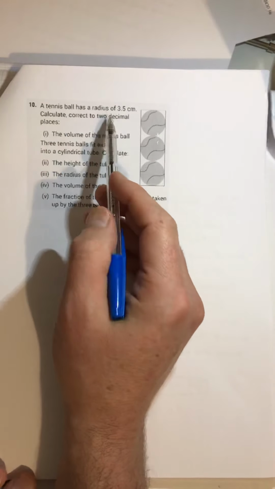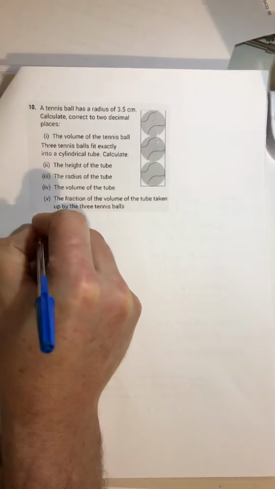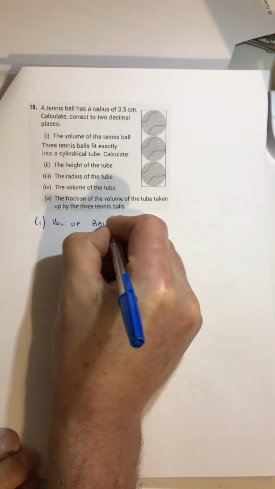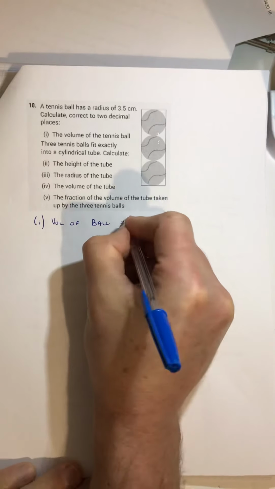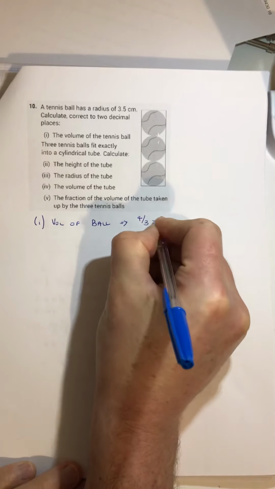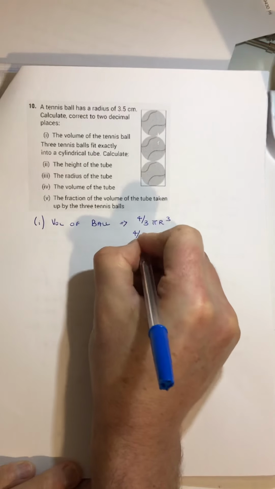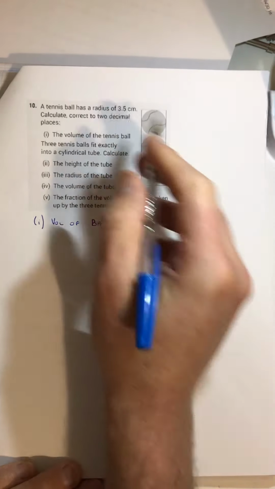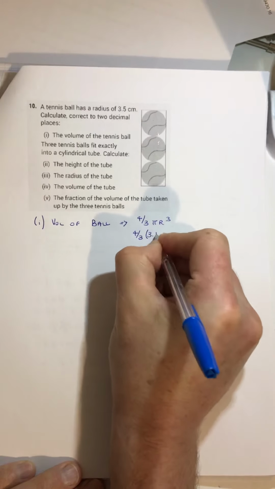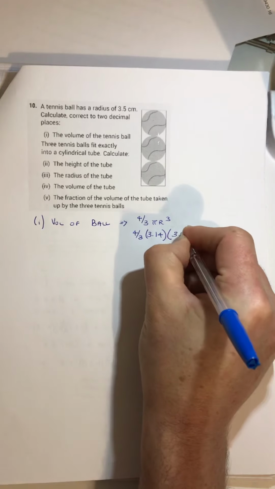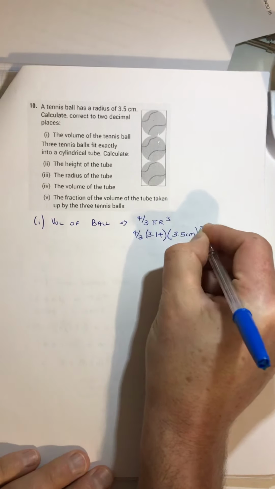So a tennis ball has a radius of 3.5. So part 1, we want to find the volume of the ball. And the ball is in the shape of a sphere, so the volume will be 4/3 pi r cubed, which in this case is 4/3, we want it in decimal, so 3.14, and the radius of the ball is 3.5 centimeters cubed.